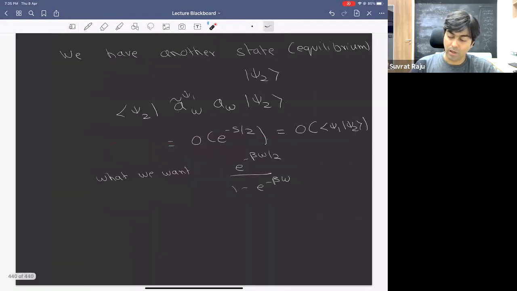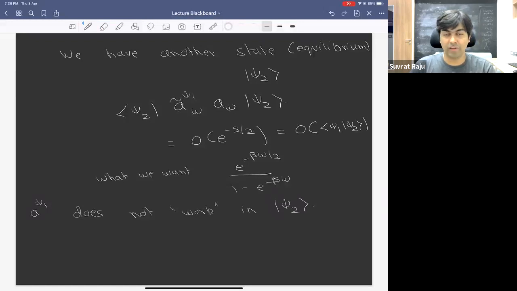So you see that this operator does not work. I'll use the term work, but really, A psi1 does not work in psi2. I hope what I'm saying is clear. It means it does not have the right correlators if you insert it in simple correlators about psi2.